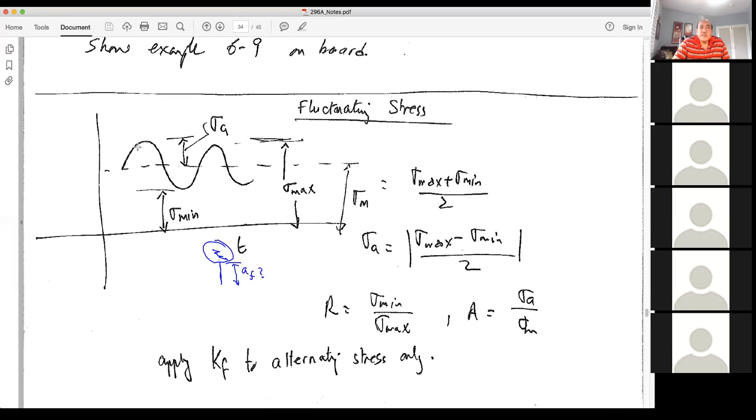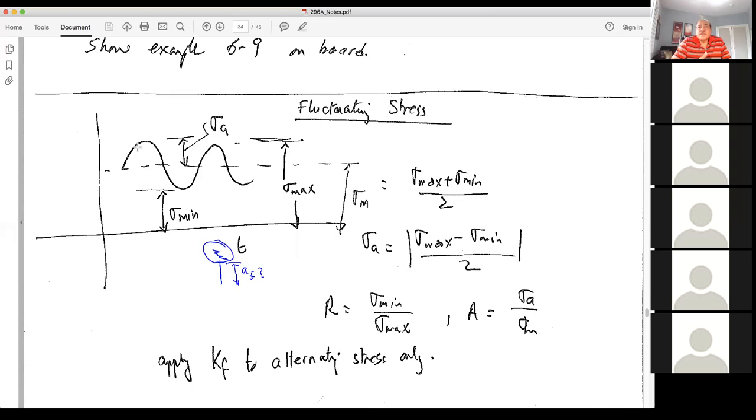But as it's going up, it's very possible that the actual stress, which is the mean plus the alternating, will exceed the yield on the first cycle. And we don't want to do that.